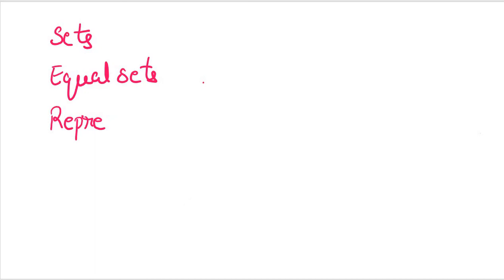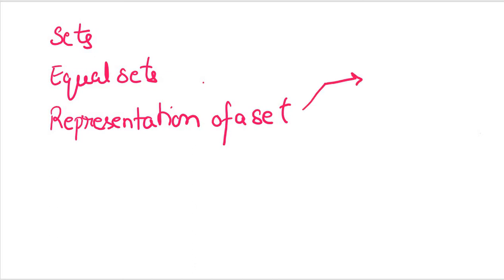Roster is also called your tabular form as well. And your set builder is called your rule method. So we saw two ways to display it.